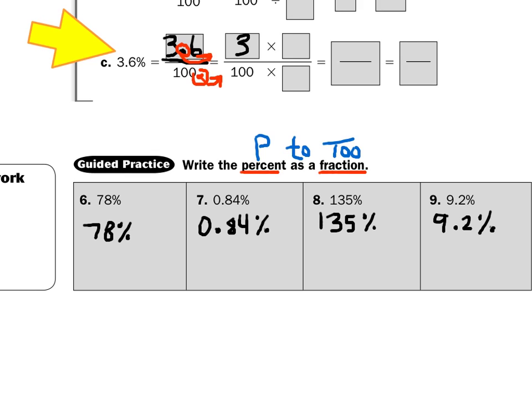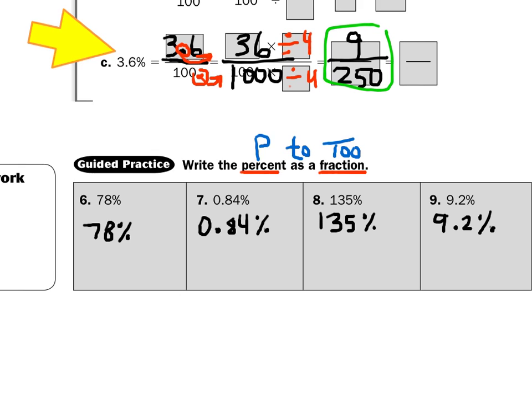You would get 36 over 1,000. And now we have to reduce, so I'm going to divide both the top number and the bottom number by 4. And so that would give me my reduced fraction of 9 over 250. And that's as low as I can go, so I box my answer.